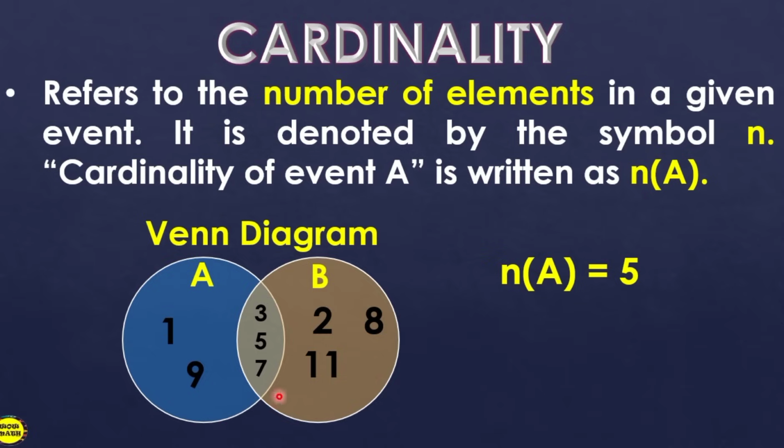Ilan yung numbers na laman ni event A o elements? 1, 2, 3, 4, 5. So we have 5. And the cardinality of event B, we have 1, 2, 3, 4, 5, 6. So that is 6.